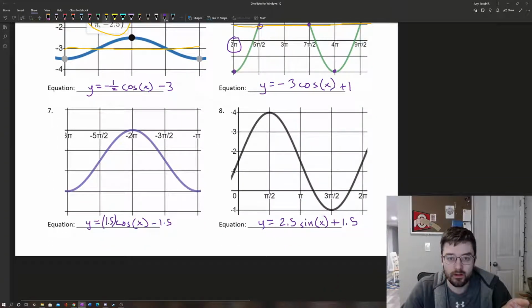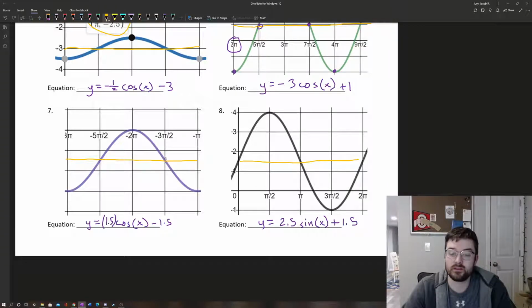Number 7 has a middle line that's on a 1/2 of a unit. Same with number 8. And number 7 also was not on the y-axis, so you had to really remember the pattern of cosine and where the period starts and ends.